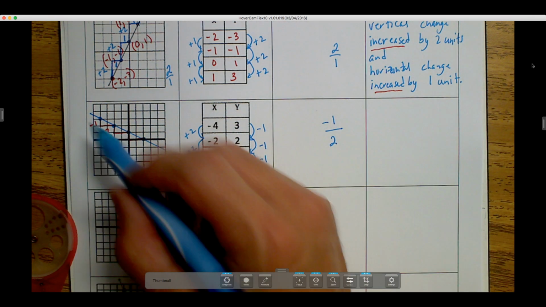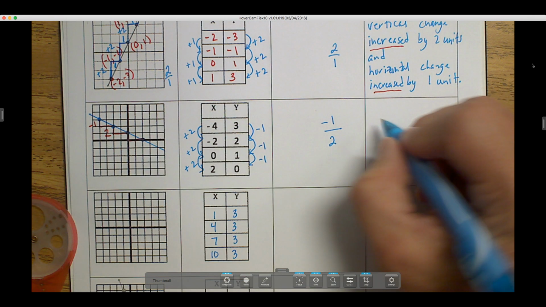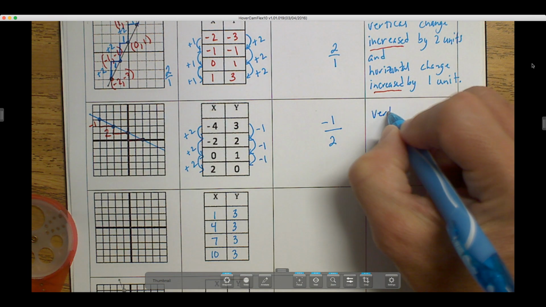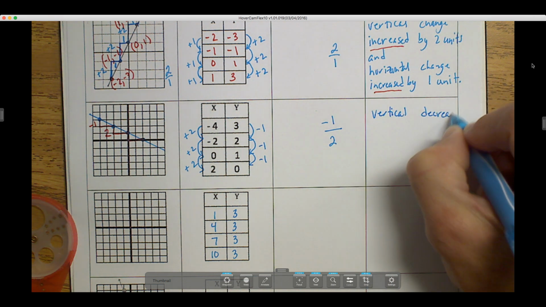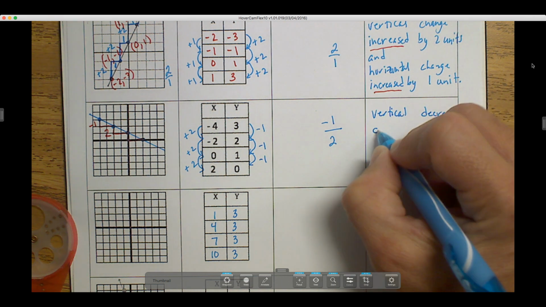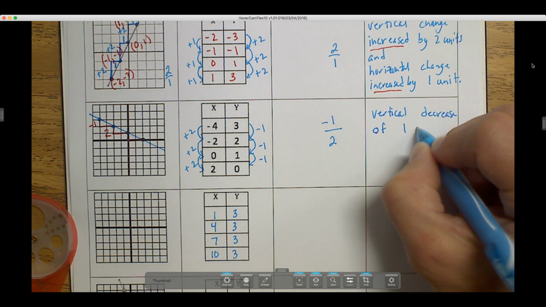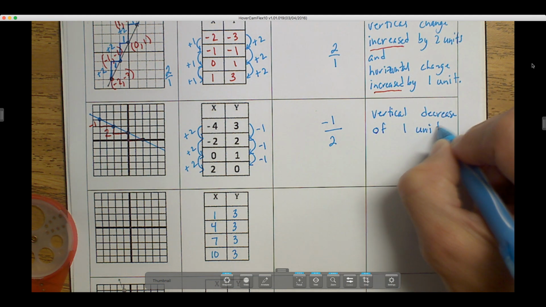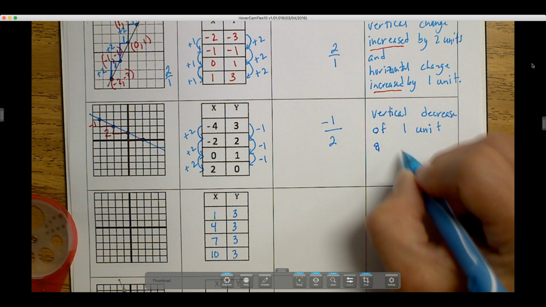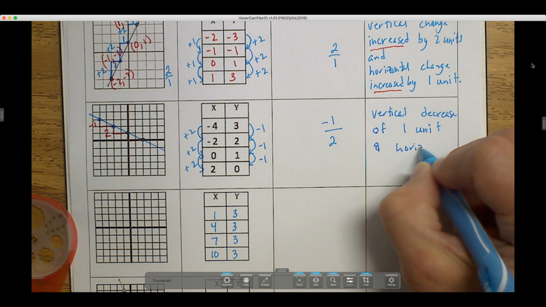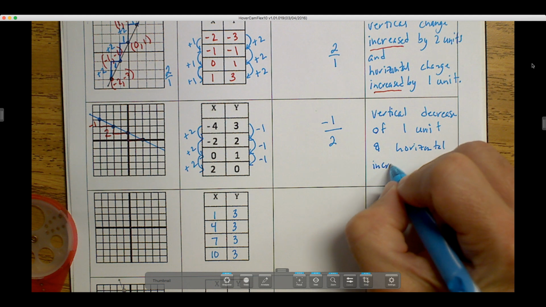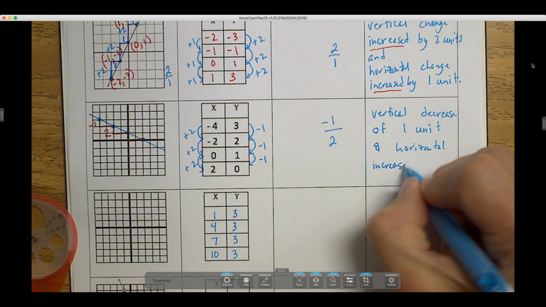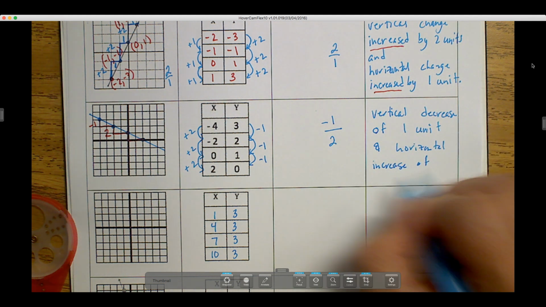Now in this case, the line had a vertical decrease of 1 unit, and a horizontal increase of 2 units.